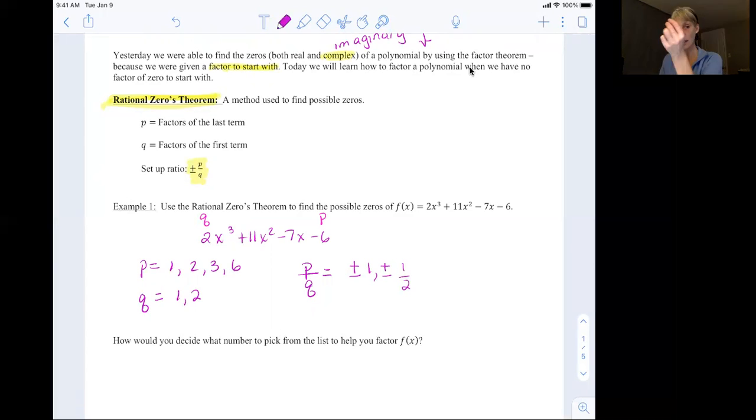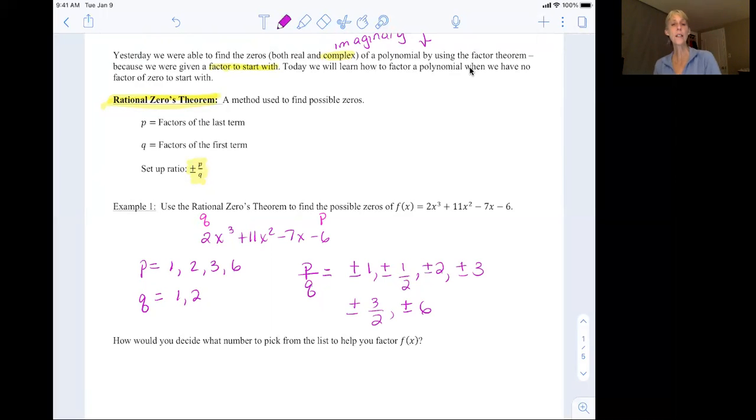I move on to the next, plus or minus 2 over 1, which is just 2. Plus or minus 2 over 2, well, that's just 1. It's already on the list. I don't have to recount it. Plus or minus 3. Plus or minus 3/2. Plus or minus 6. And now plus or minus 6 over 2 is going to be 3. And again, it's already on the list, so I don't have to count it.